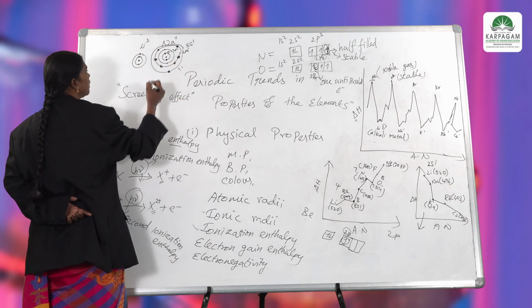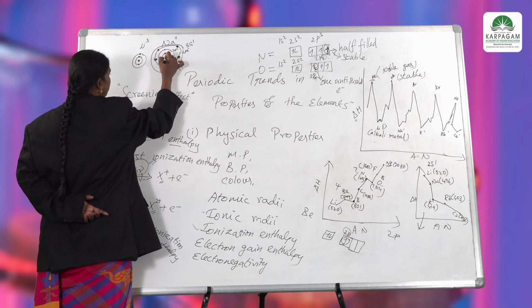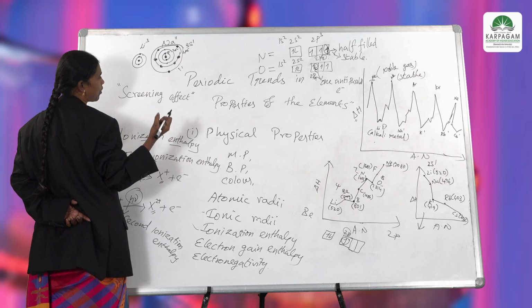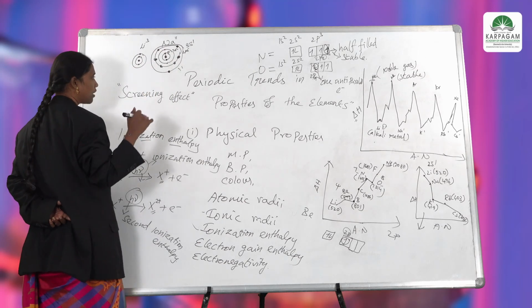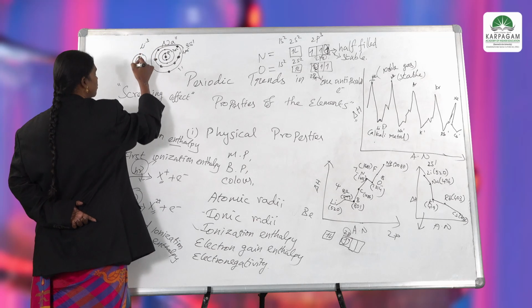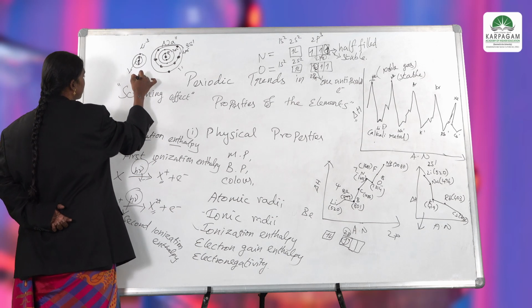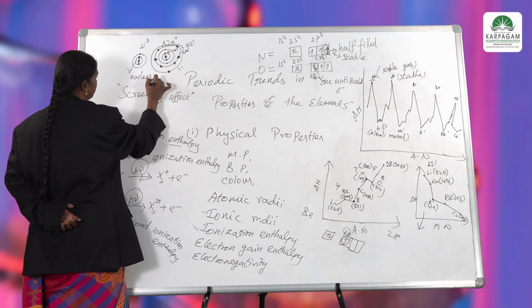Here the center core has a positive nuclear charge and the electrons are around it. There is an interaction between these positive and negative charges, called the nuclear attraction force.